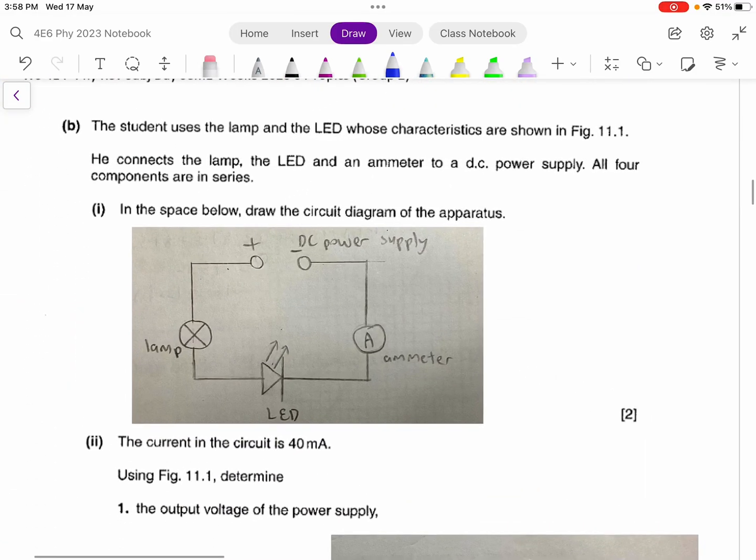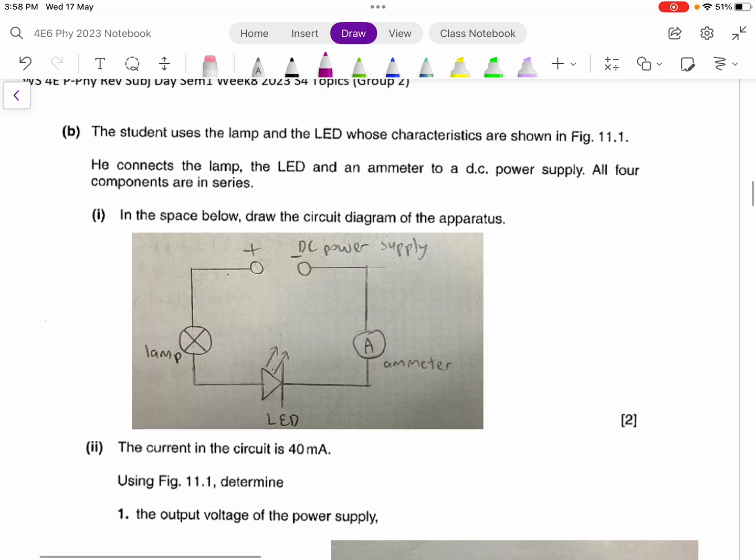Okay, carrying on for your part B. You are supposed to sketch a circuit, and for unknown reasons, I'm quite puzzled why, when you draw the DC power supply, you draw it like this. You can just draw the normal DC power supply as a battery, that is fine. Most of you are able to get the lamp correct.